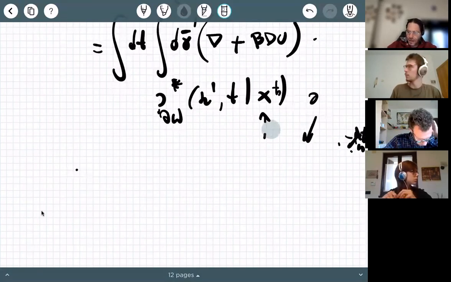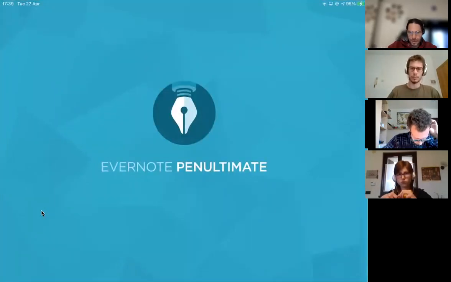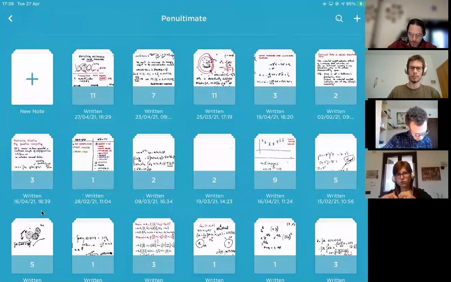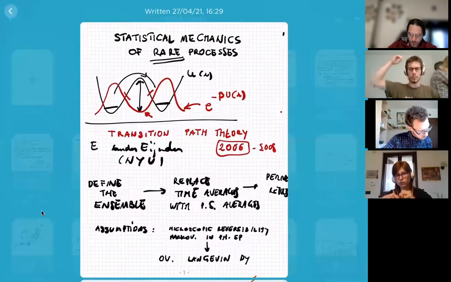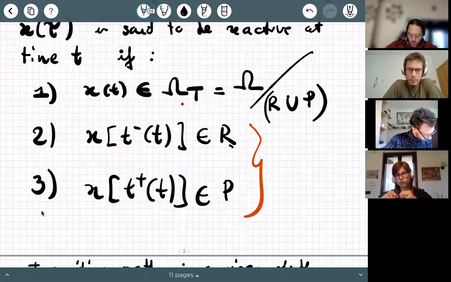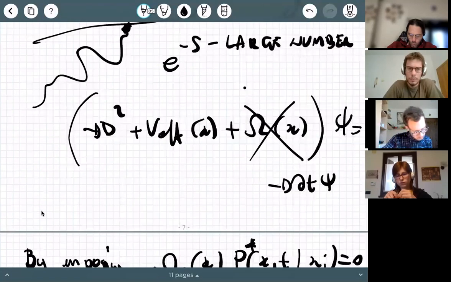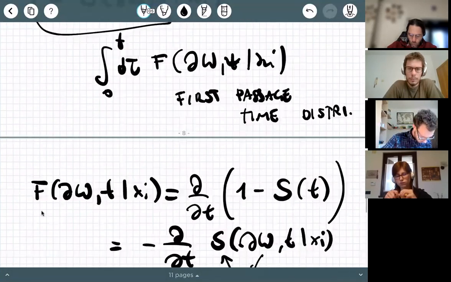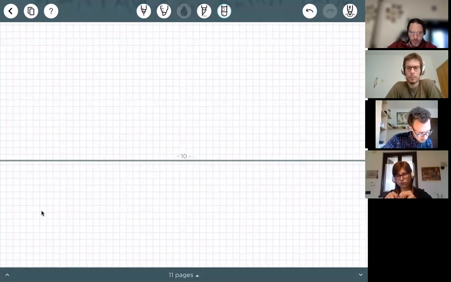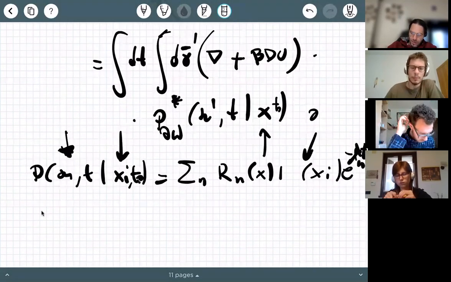Now we have a time integral. So we were stuck here. We have this integral in here.